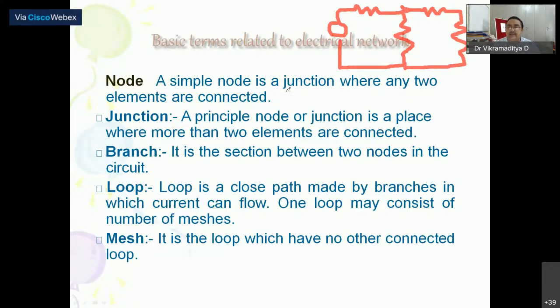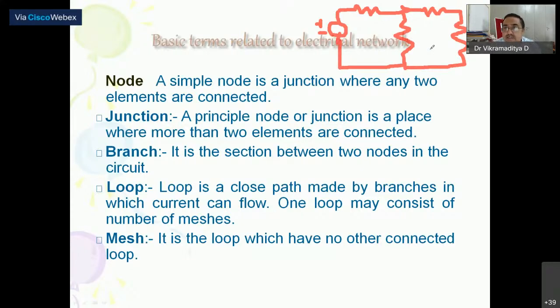Now, this is a circuit where you can see there is a voltage source with a plus and minus sign, and there are some resistors which are connected in series, in parallel, and in other configurations.